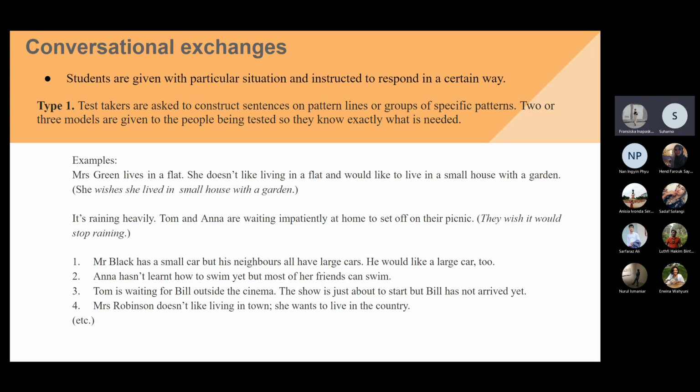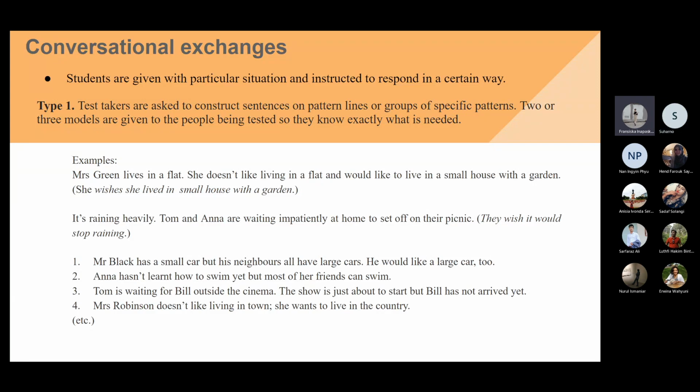It is about conversational exchanges. So this is another simple test, in which the students are given a particular situation and instructed to respond in a certain way. These tests are usually highly structured and also require only limited responses.